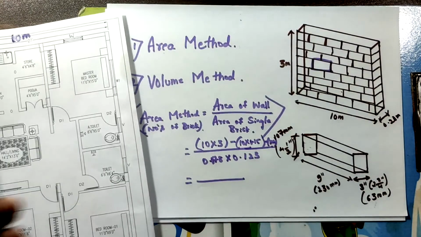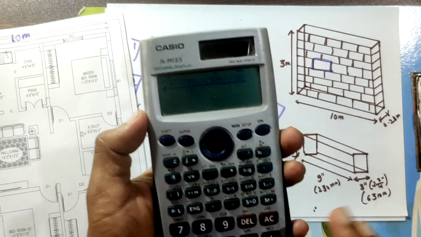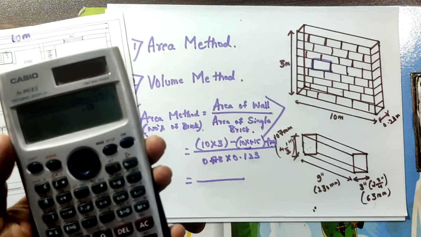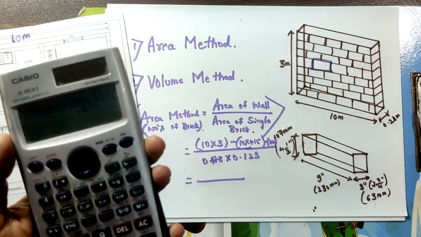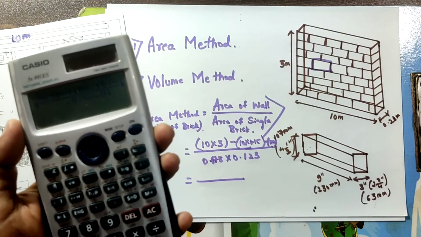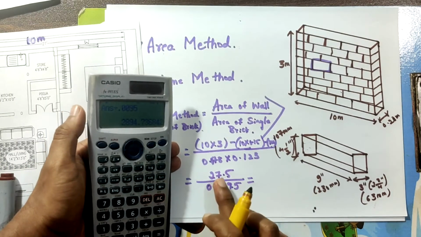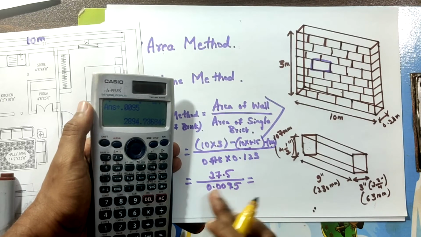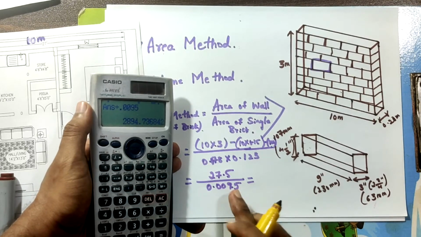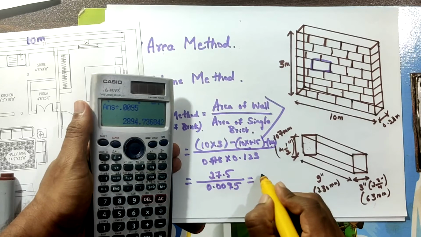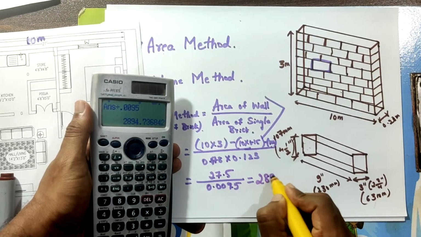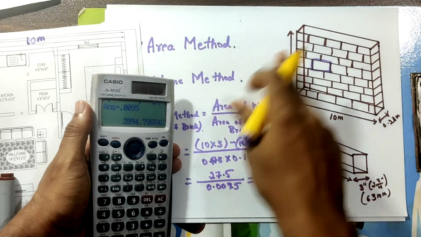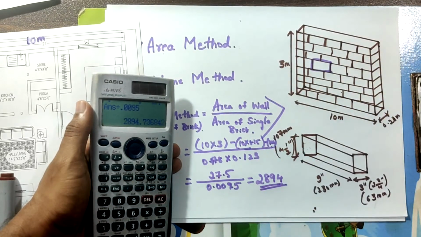We will deduct this 1 by 1 meter, minus 1 by 1, divided by 0.078 into 0.123. As per our formula, the area is 27.5 minus 1, divided by the area of one brick, 0.0095, which is equal to 2894 bricks required to build this particular area of wall.